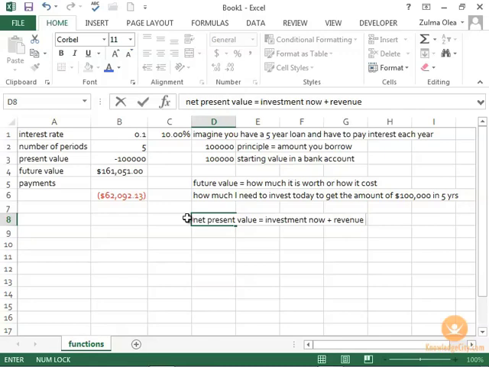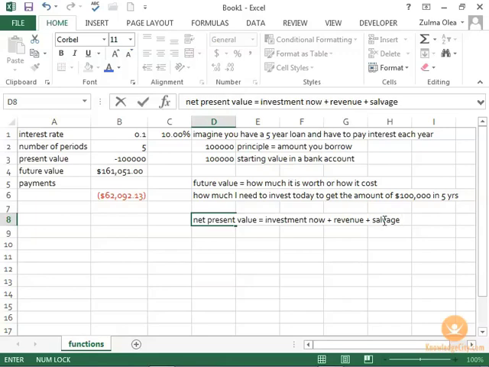So if I buy a big piece of equipment for a factory and it's going to work to make a product, I put the investment now as a negative because that's cash out. And I put the revenue that the product it creates gives my firm as a positive. So I have the investment now plus revenue. And then at the end, I might get a little bit of salvage value. So at the very end of however long it is, I might sell it for a low price.